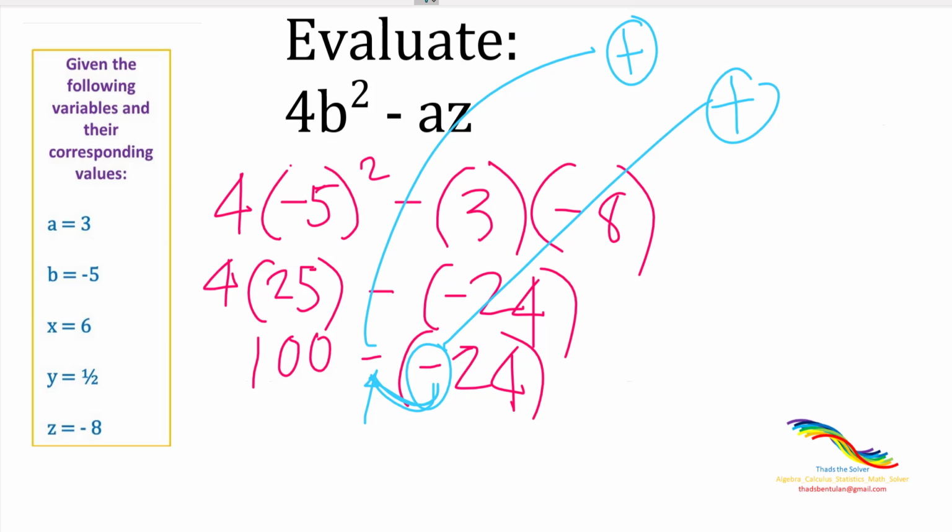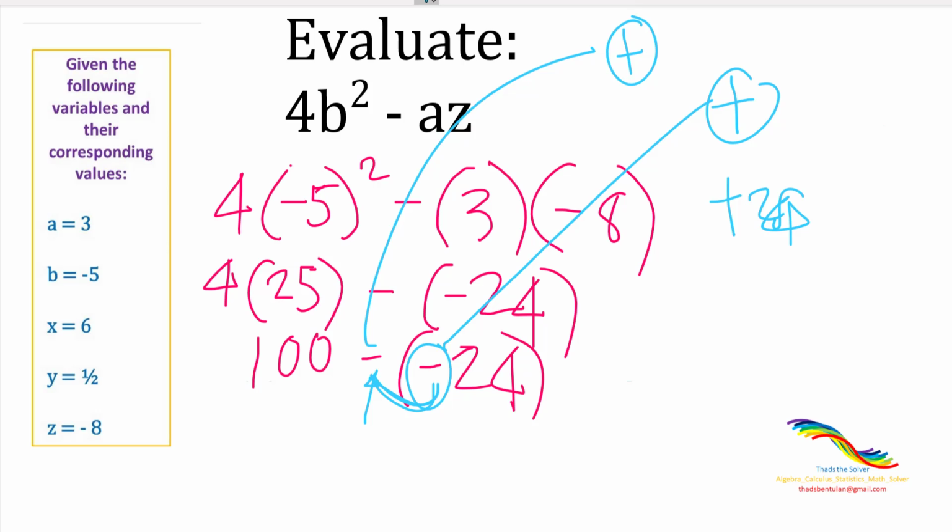So minus negative 24 is actually now plus 24. Remember, when you subtract a negative number, it's mathematically equivalent to adding a positive number. Minus minus is actually plus.